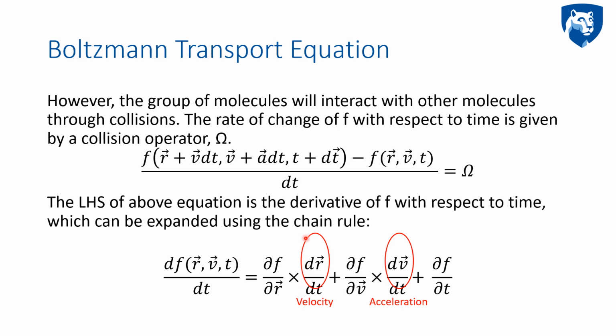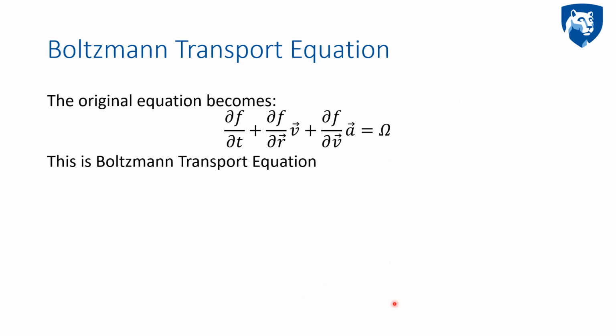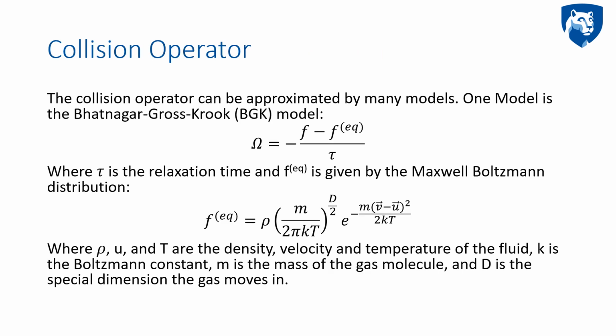So this term right here is the change of position with respect to time, which is the velocity. And this term right here is the change in velocity with respect to time, which is just the acceleration. So when we put the acceleration and velocity into the previous equation, it reduces to this form. And this is the Boltzmann transport equation.